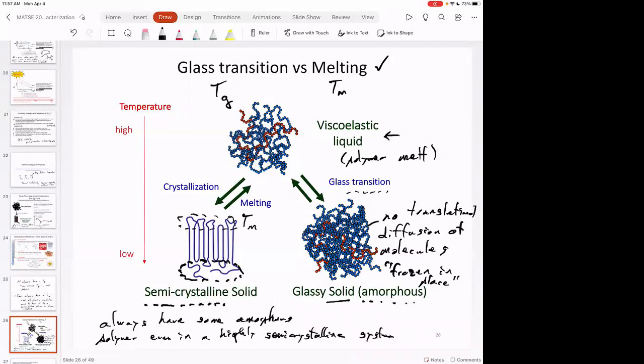So you go from a melt to a semi-crystalline polymer where the amorphous fraction is still in the melt. And then eventually you go through the glass transition temperature, you decrease the temperature further, and that amorphous fraction becomes frozen. Because you can't crystallize from a glass, right? If there's no translational diffusion of those chains, you can't make a crystal because they can't move around. And we'll talk about the order of TG, TM, et cetera, as we go on, but that's a really important point.